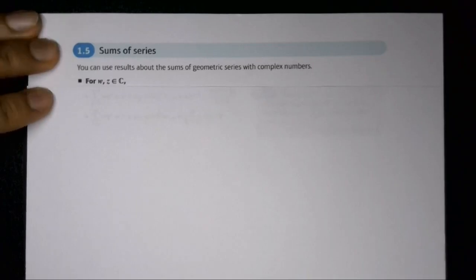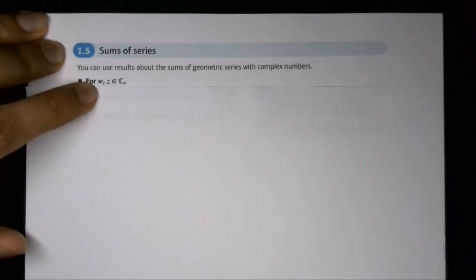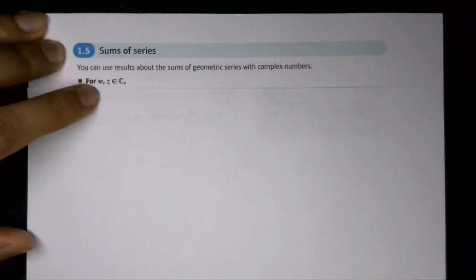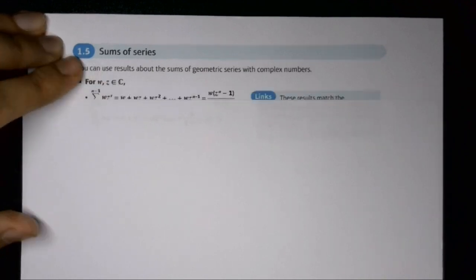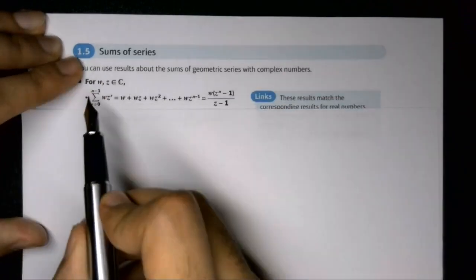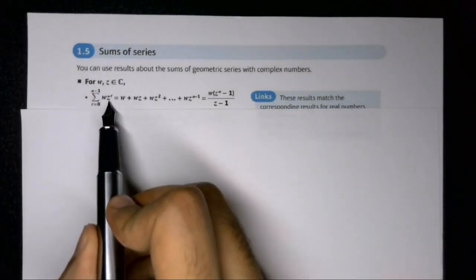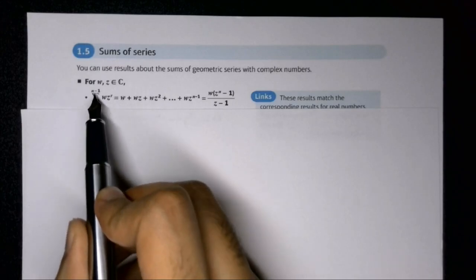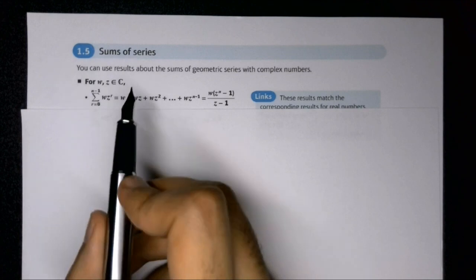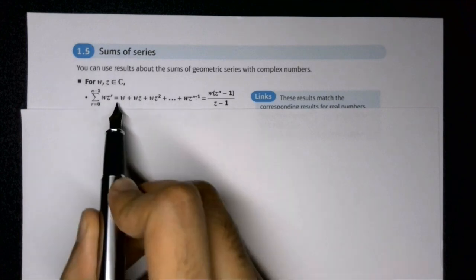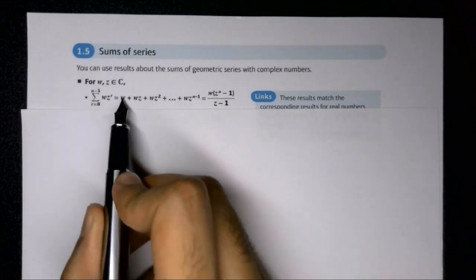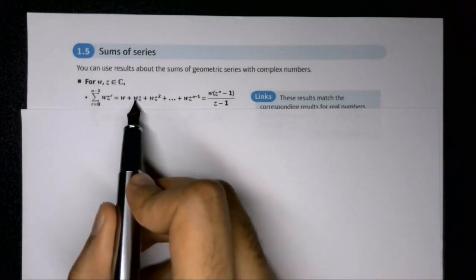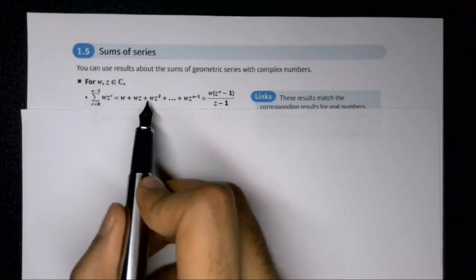Let's suppose you've got a complex number w and another complex number z. So w and z belong to the set of complex numbers. The sum of w times z to the power of r from r equals 0 to r equals n minus 1. That's shown here. When r is equal to 0, we have w. When r equals 1, we have wz to the 1, which is wz.